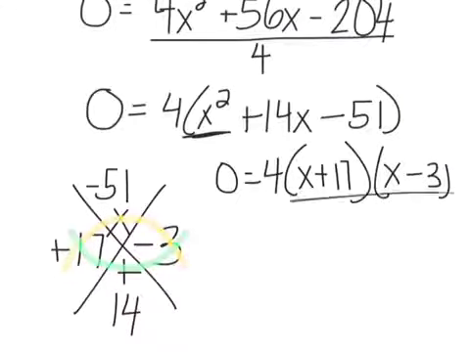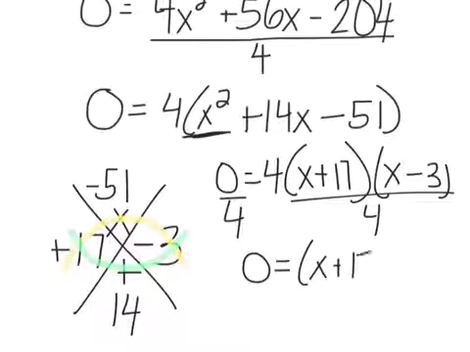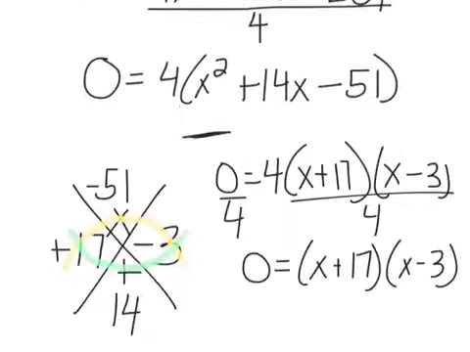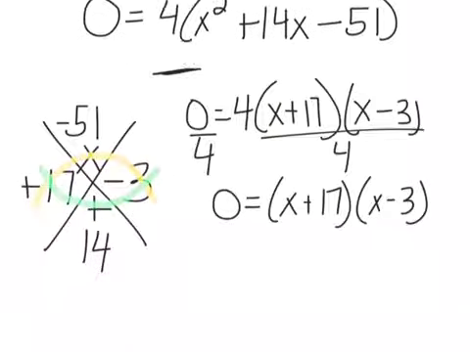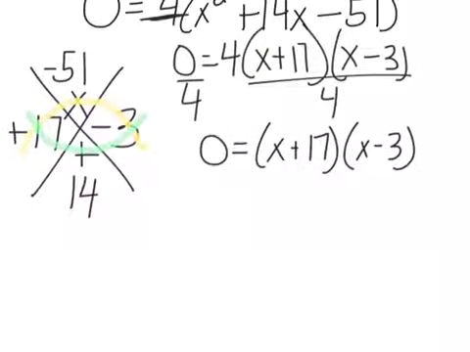Okay, now we can divide both sides by 4, which still gets me 0 equals x plus 17 and x minus 3. Right? So if I solve this problem, what I'm going to do, remember, is that each of those factors equal 0.